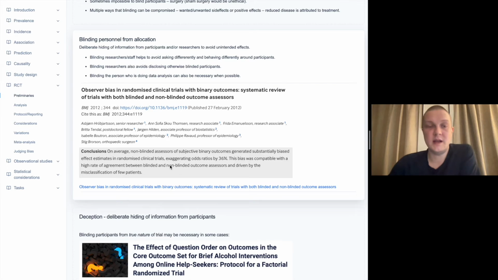And it turns out that odds ratios were exaggerated by 36% among the non-blinded assessors. And while this was compatible with a high rate of agreement between blinded and non-blinded outcome assessors, it was driven by misclassification of a few patients. It's worth looking into, and it's interesting how you really can get a number here showing that this does affect outcome assessment quite a lot if the personnel are blinded or not.